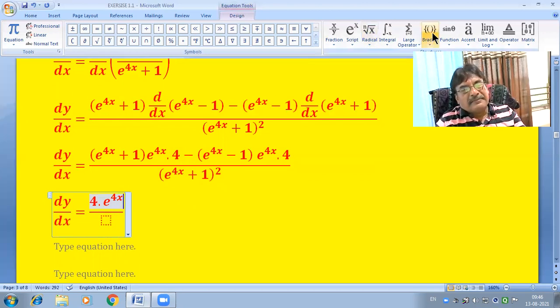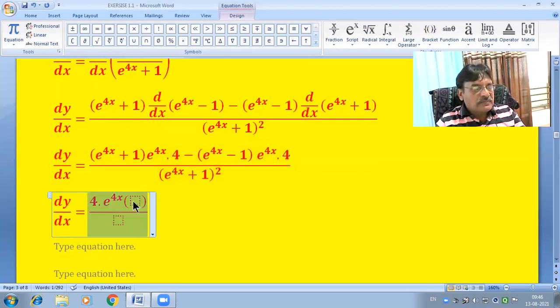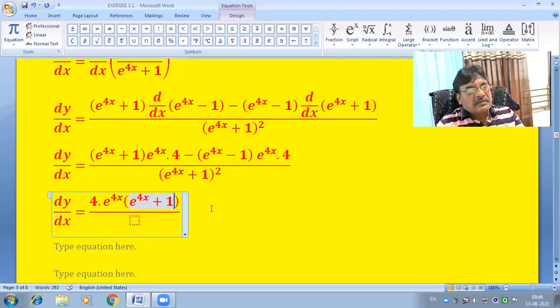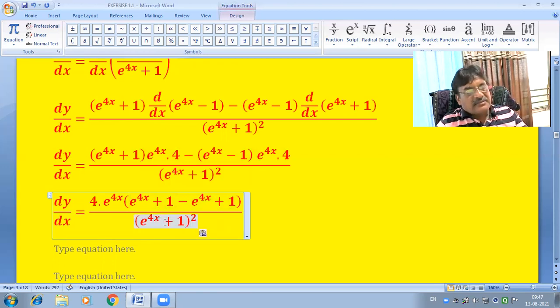Then in bracket we write e to the power 4x plus 1. Multiply by the minus sign to this bracket: minus e to the power 4x, minus e to the power 4x. This negative into negative is positive, so plus 1, upon the denominator as it is. So write e to the power 4x plus 1 whole square.